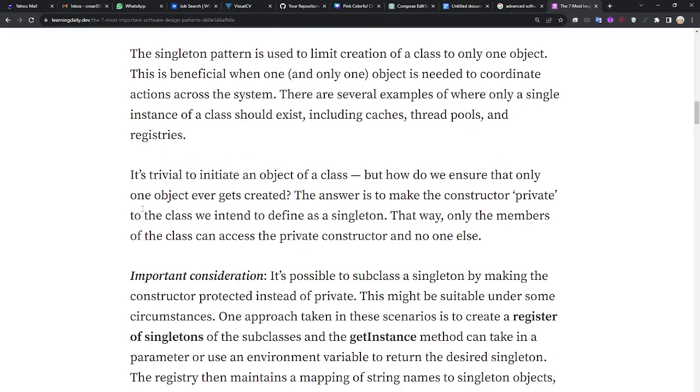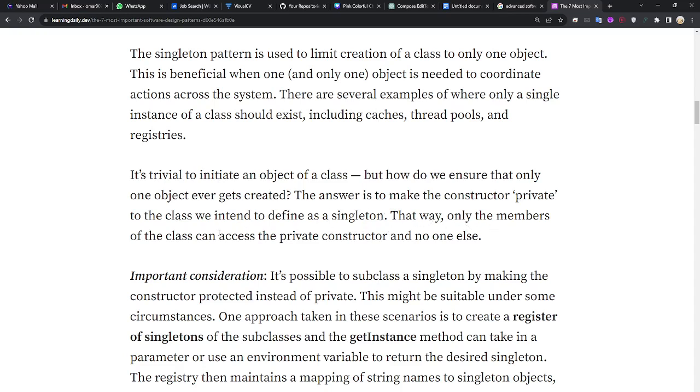It's trivial to initiate an object of a class, but how do we ensure that only one object ever gets created? The answer is to make the constructor private to the class we intended to define as a singleton.